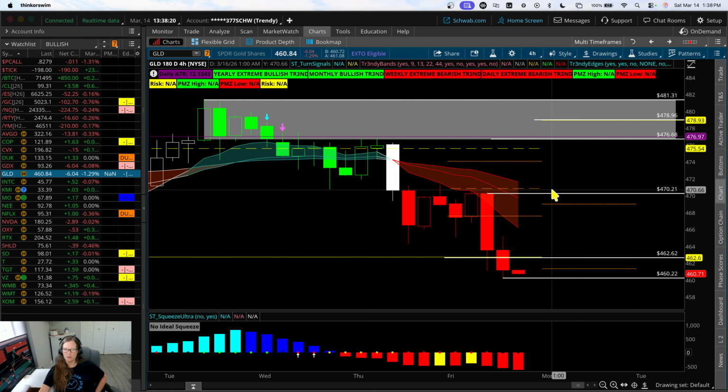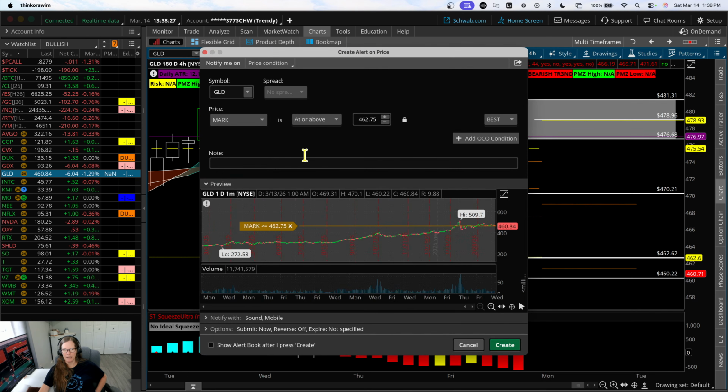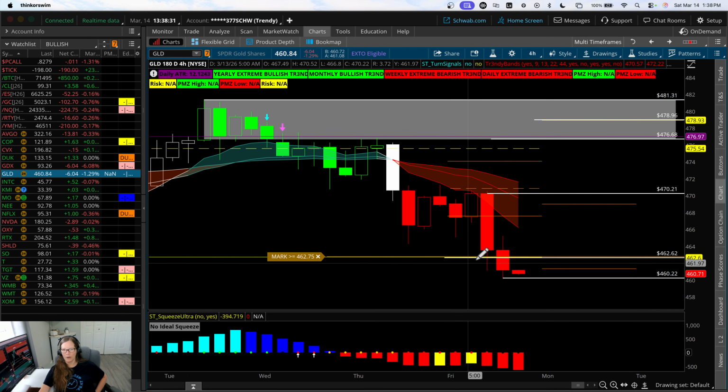All right, so that's going to be my plan for gold. The first alert I'm going to create is going to be a reclaim of that lower weekly edge. If price gets above there, I know that we have reclaimed the lower weekly edge and I'm looking to trade it to the upside.